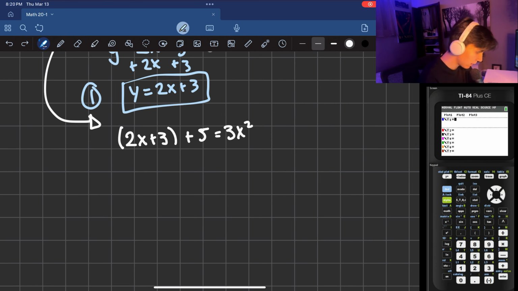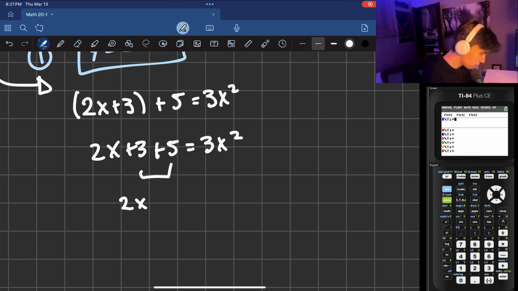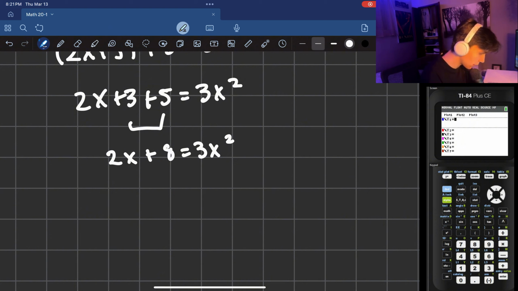Okay. And now what we can do is we can just remove these brackets, and we have 2x plus 3 plus 5 is equal to 3x squared. And we can just collect like terms here. So we get 2x plus 8 is equal to 3x squared. Alright, and now I'm going to subtract 3x squared to bring everything to one side.